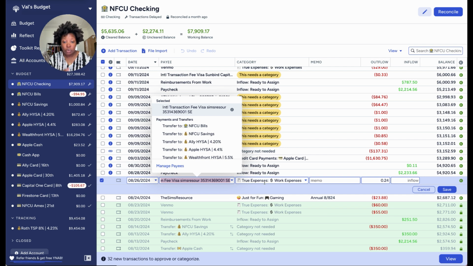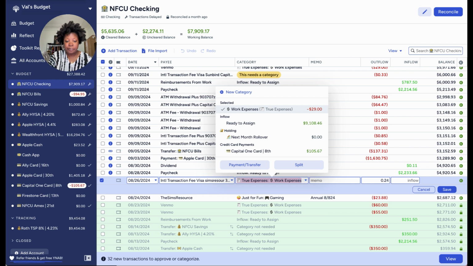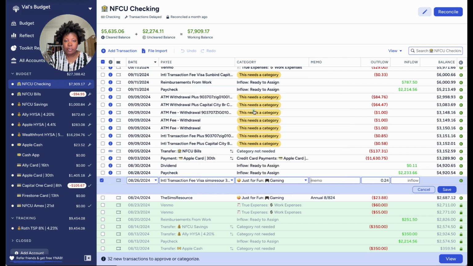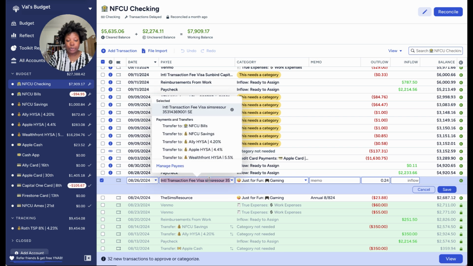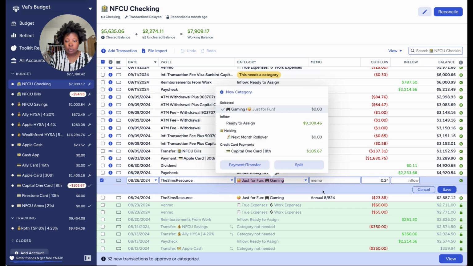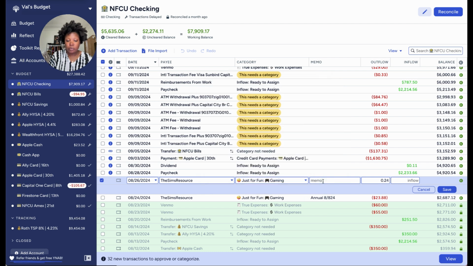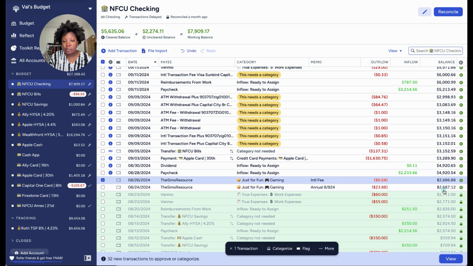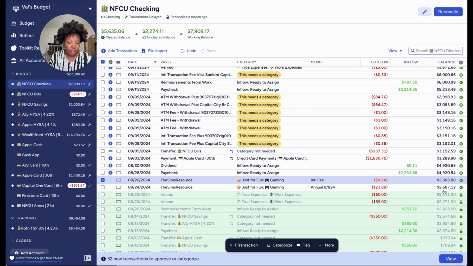So the Sims Resource is not a U.S. business, so that's good to know. Let's name this the Sims Resource, and I'm going to put a memo in here for international fee. All right, so we're good there.